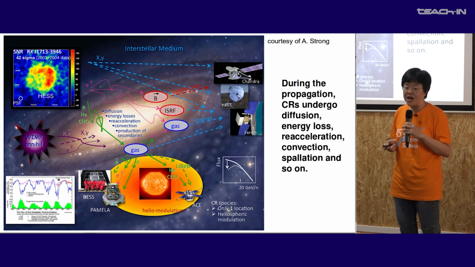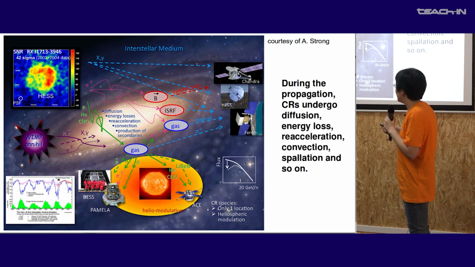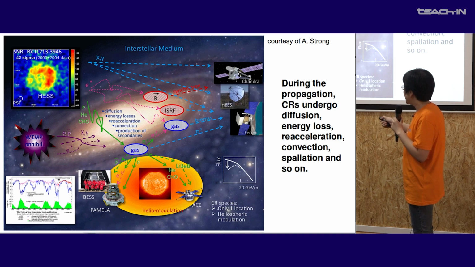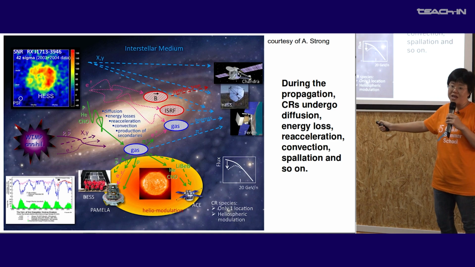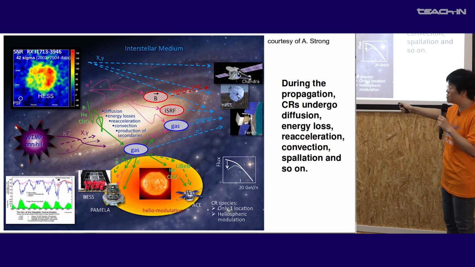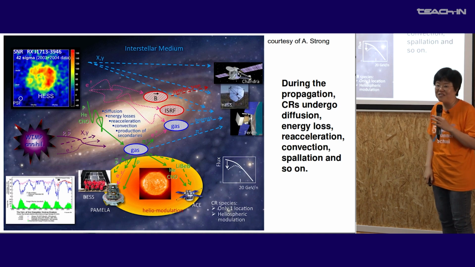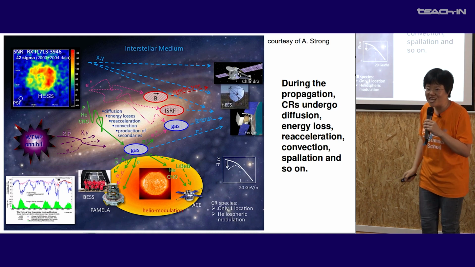They will have some energy loss processes like diffusion, reacceleration, convection, production of secondaries, and so on, and also within the magnetic field, interstellar radiation field, and gas, they will have synchrotron radiation, inverse Compton, and bremsstrahlung, or they may interact with gas or dust and produce pions. Pions give my favorite neutrinos, right?